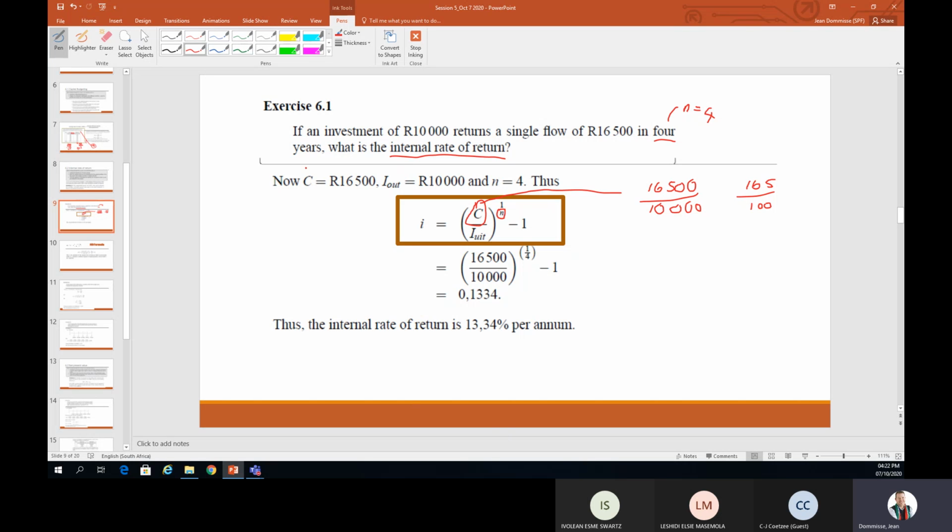So again, it can be that they say, well, for me to accept this investment, the company wants an internal rate of return of 14%. Or it can be the other way around, that they're saying, well, we want 13%, so if it's more than that, we will accept it. So again, just make sure how the question basically reads in the end.